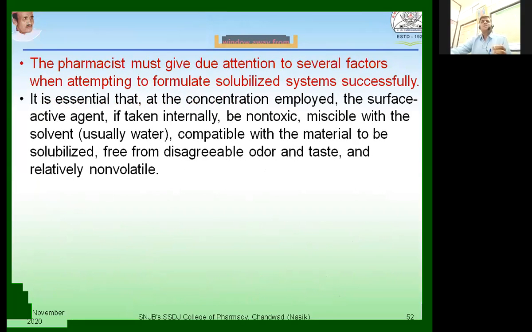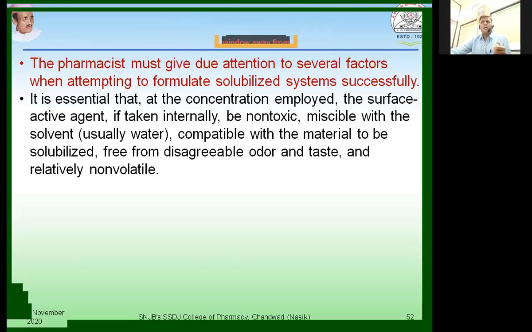The pharmacist must give due attention to several other factors while formulating a solubilized system successfully. It is essential that the concentration of surfactant being employed, which is going to be taken internally, is non-toxic. It must be miscible with the vehicle or solvent used during formulation of the dosage form.